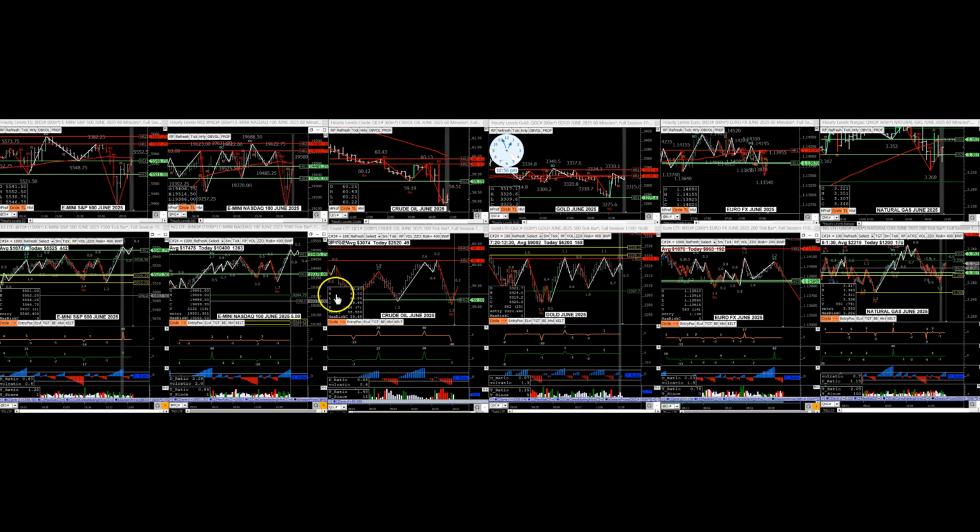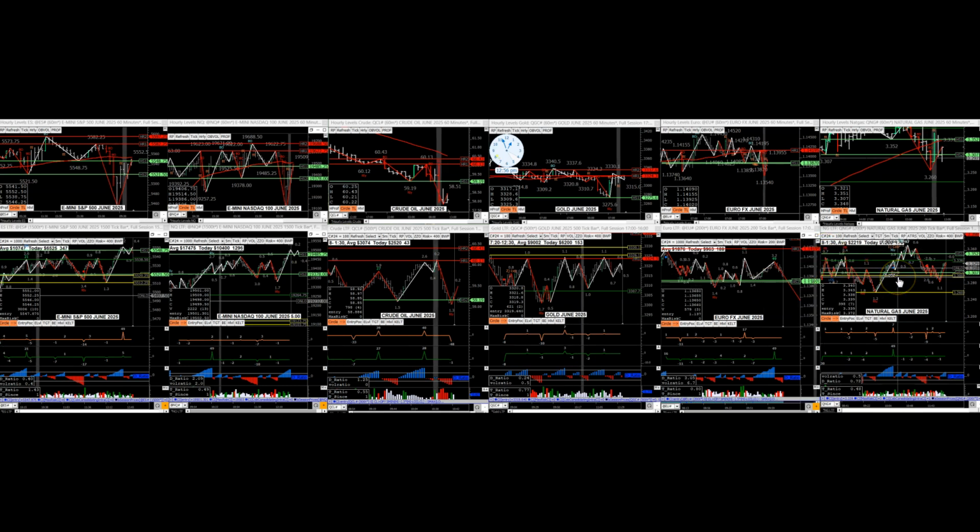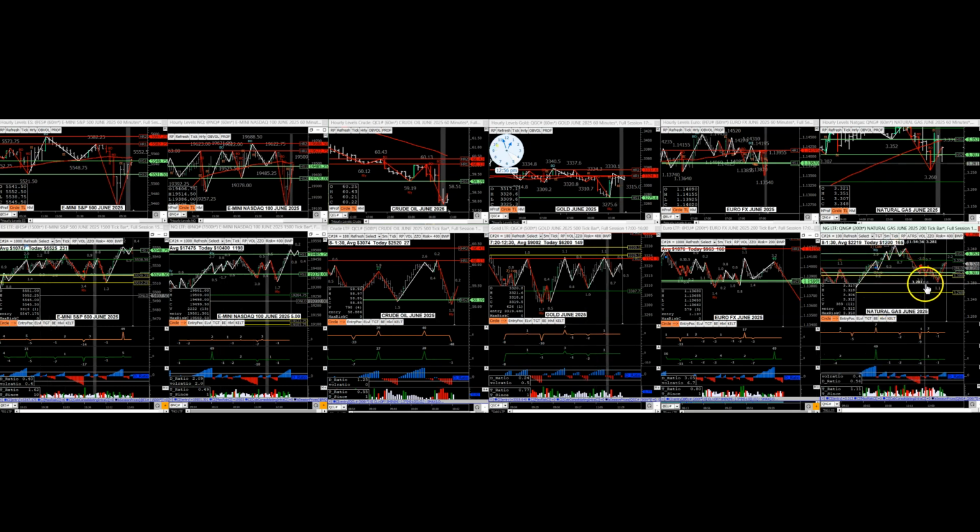All right, now there was another trade that's setting up. I don't know what, but I'm done. That's in this, what's it called? Nat gas. Nat gas right here between these yellow lines. I was expecting a pullback. This pullback occurred, and it just rallied. So that's all there is to it.